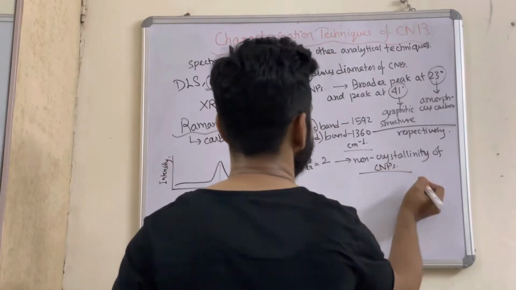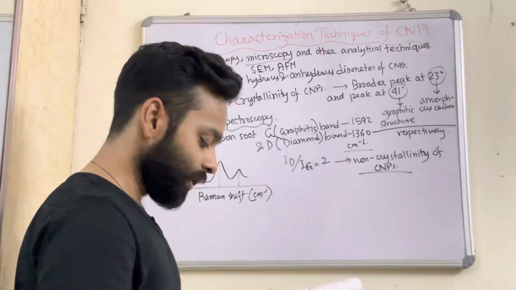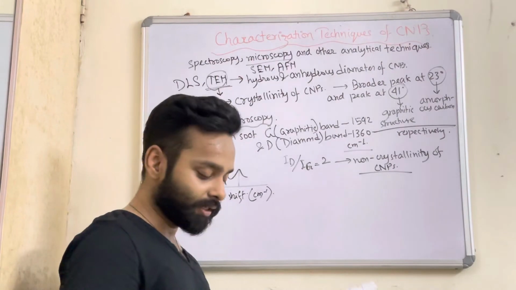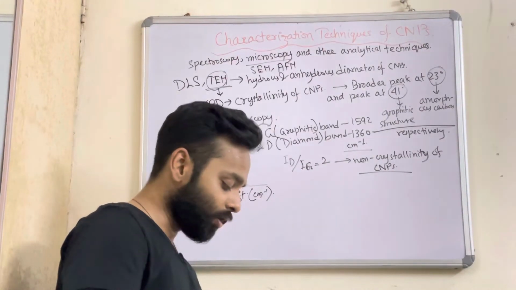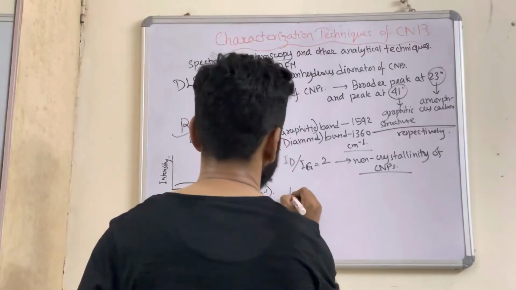So these CNPs are non-crystalline in nature, and it also can provide information about the sp3 versus the sp2 hybridization of carbon.